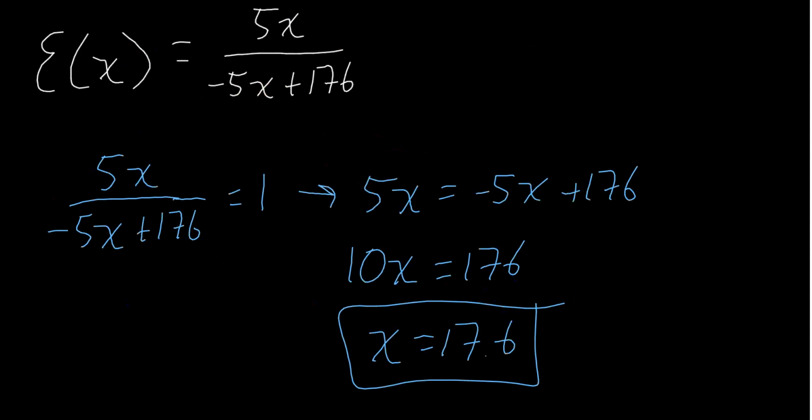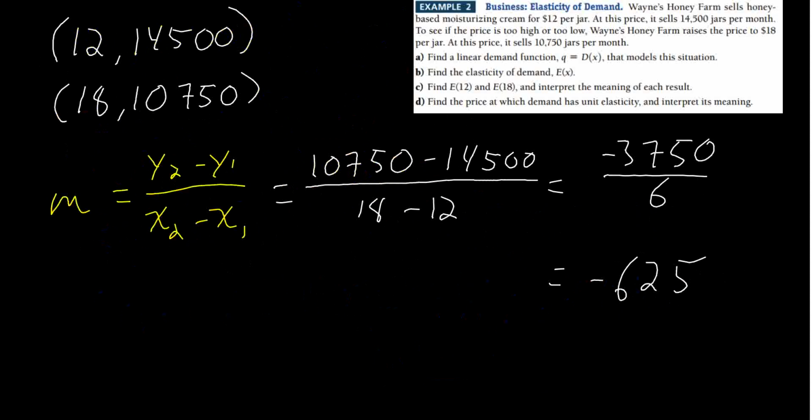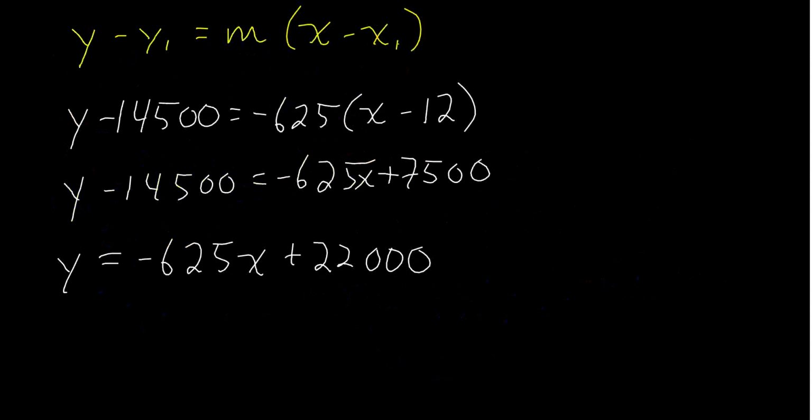And just for fun, let's go ahead and maximize the revenue. So if we sold these at $17.60, we have to go back and look at our original formula. Well, actually, the formula is right here. Okay, so this is our demand formula.